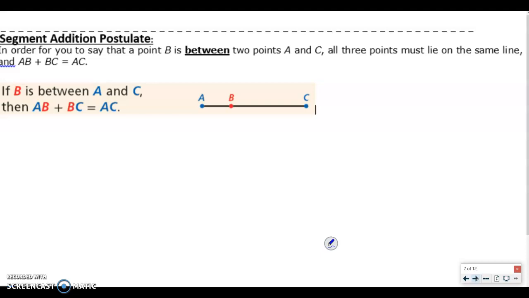So the two segments, AB and BC, added together will give you that whole length. So if B is between A and C, then AB plus BC equals AC.